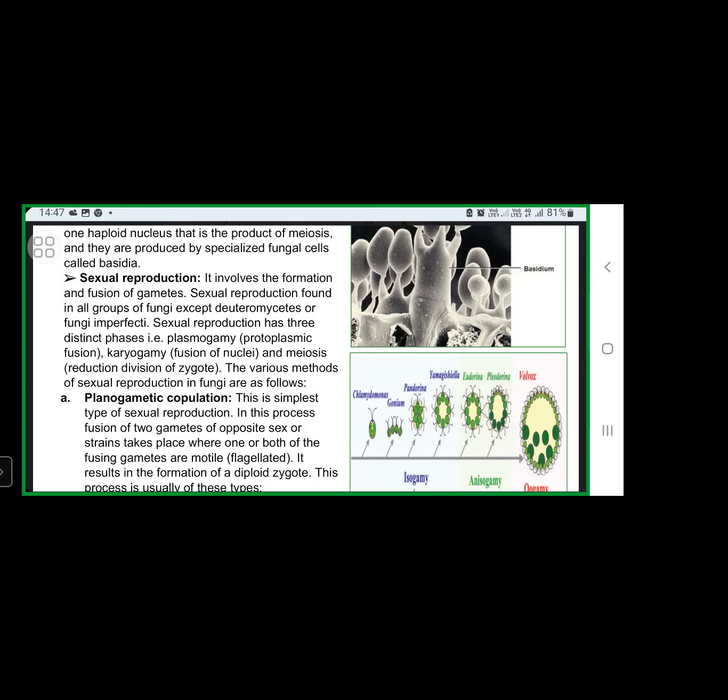As a result, a diploid zygote will form. That kind of reproduction is called planogametic copulation.